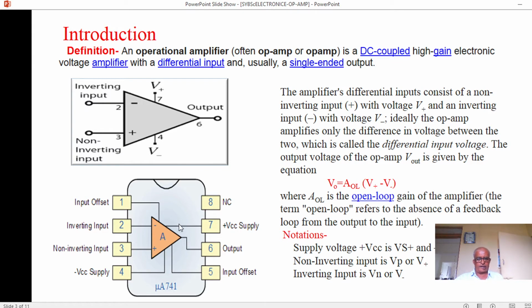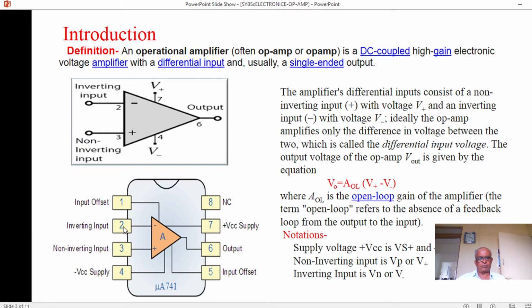Now pin number 8 is NC, meaning not connected. The positive supply is connected to pin number 7, while negative supply is connected to pin number 4, that is minus VCC supply. Then pin number 1 and pin number 5, these two pins are used for offset null of the operational amplifier.